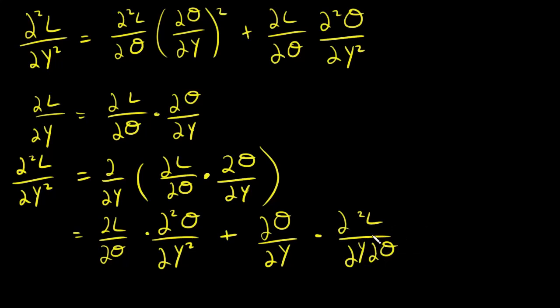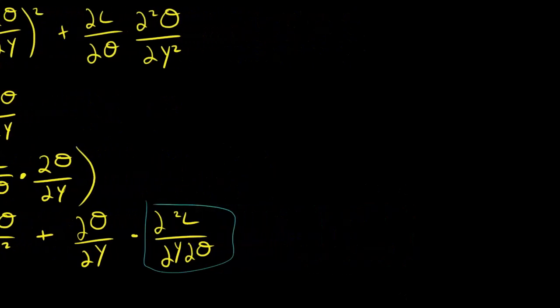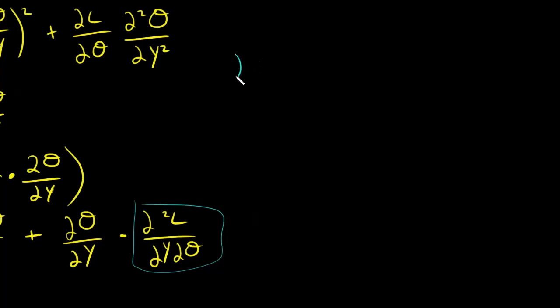Okay, so what is this piece actually? Let me go ahead and take this piece and maybe I'll scoot it over here. Okay. So I could write this as the derivative of, since this is the second derivative, this is the same thing as the derivative of the first derivative.